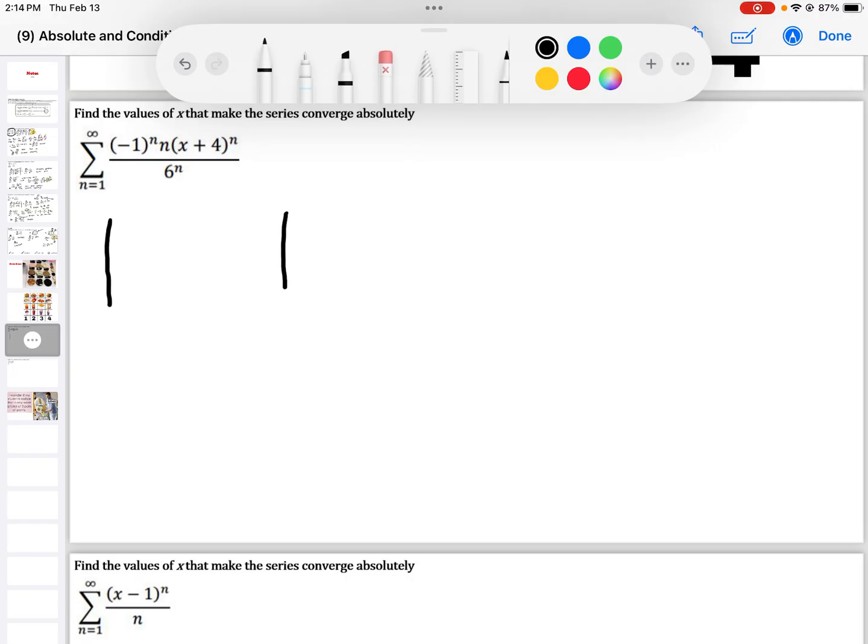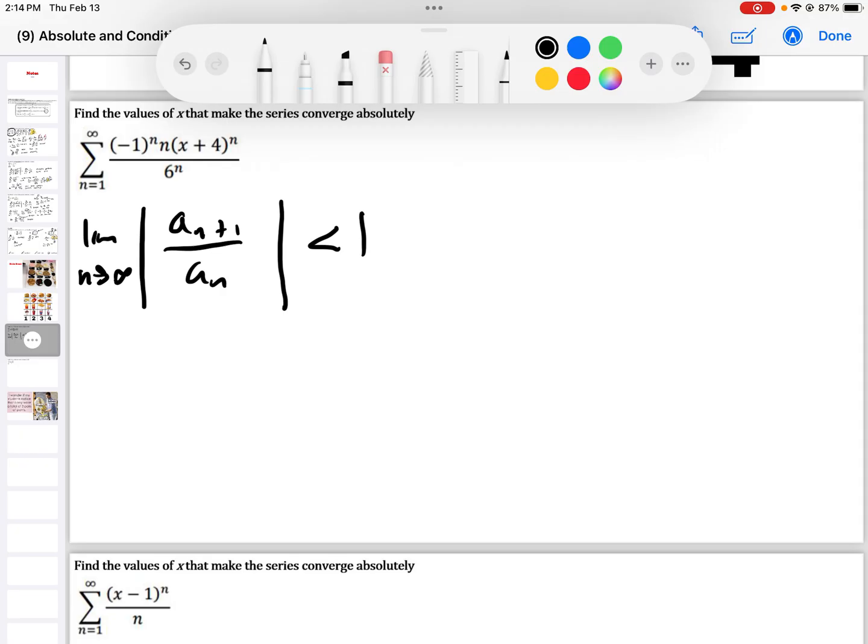Using the ratio test, I take the limit as n goes to infinity of the absolute value of a sub n plus 1 over a sub n. This thing will converge if that's less than 1.